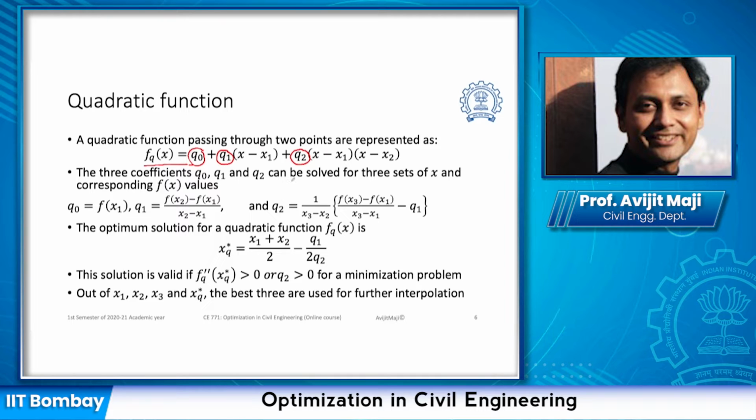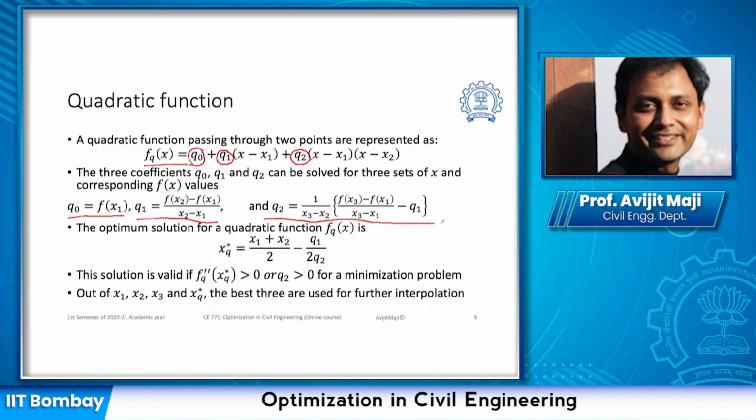So if we say these three sets of x and corresponding f(x), the function values, are known for the objective function, then with those sets of values we can easily find out the coefficient q0 as the f of x1, the first point, q1 with the help of the 2 points, and q2 with the help of the 3 points which is shown here.